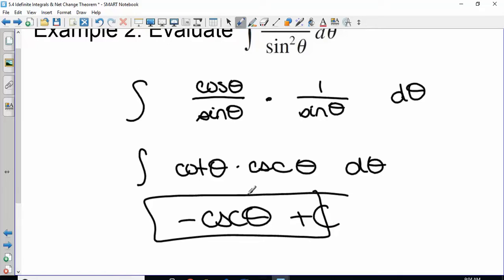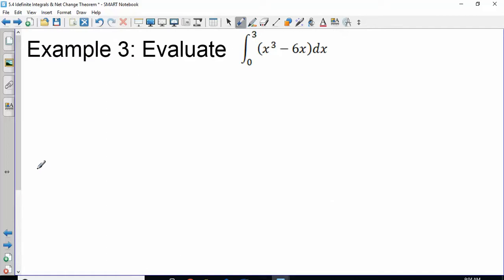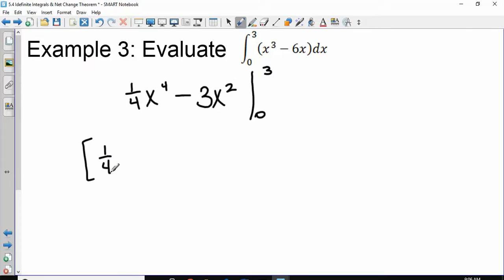Next one. You guys can do this one. So the antiderivative of x cubed is 1/4 x to the fourth minus the antiderivative of 6x would be 3x squared, and 0 to 3. So if you plug in a 3, 3 to the fourth is 81. 3 squared is 9.